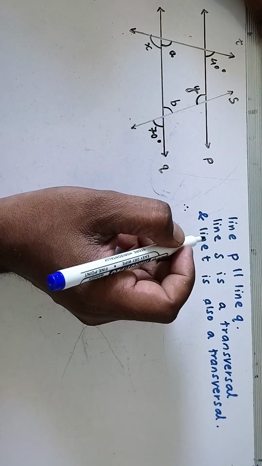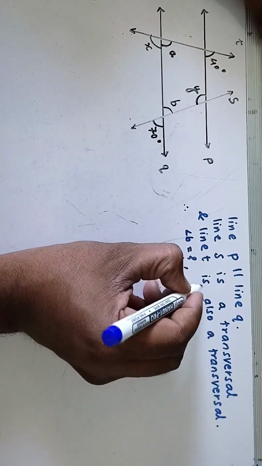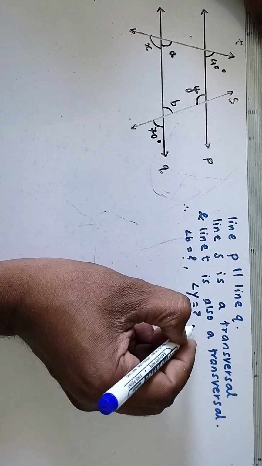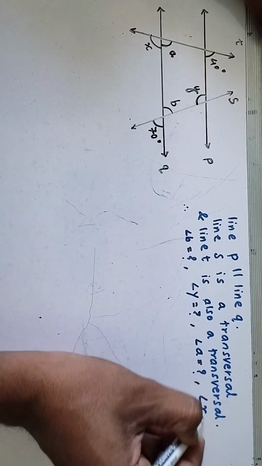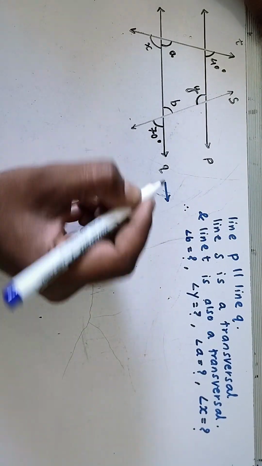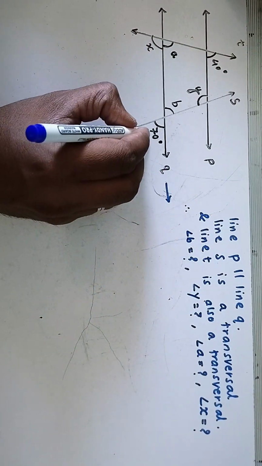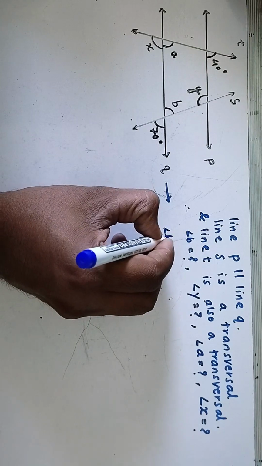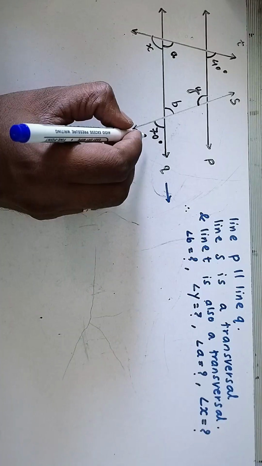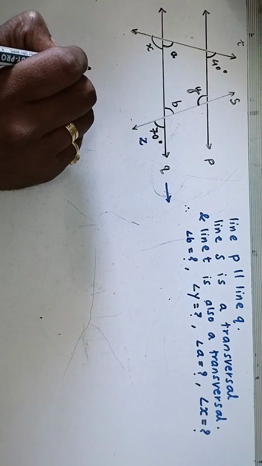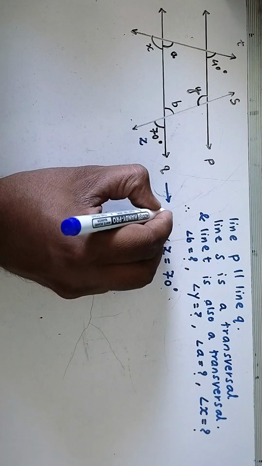Now we have to find various angles. That is angle B equal to question mark, angle Y equal to question mark, angle A equal to question mark, and angle X equal to question mark. As you can see, 70 degree is given to us. So let's talk about this 70-degree angle and angle B, and let us call this 70-degree angle as angle Z. Angle Z is equal to 70 degree.